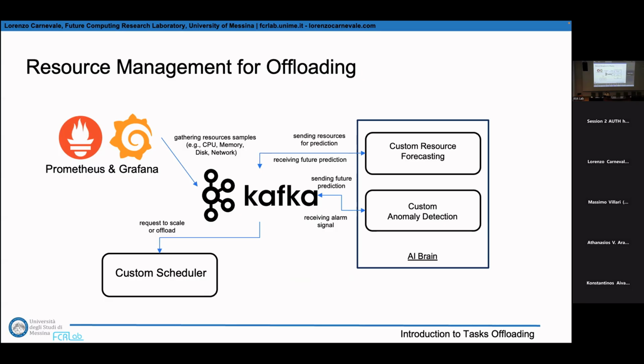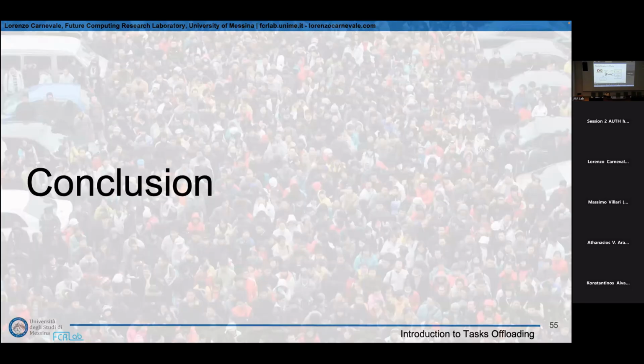And then also a custom scheduler. I mean, we are trying to work also in this direction, mostly in reinforcement learning or genetic algorithms. This is the most present solution in the state of the art.